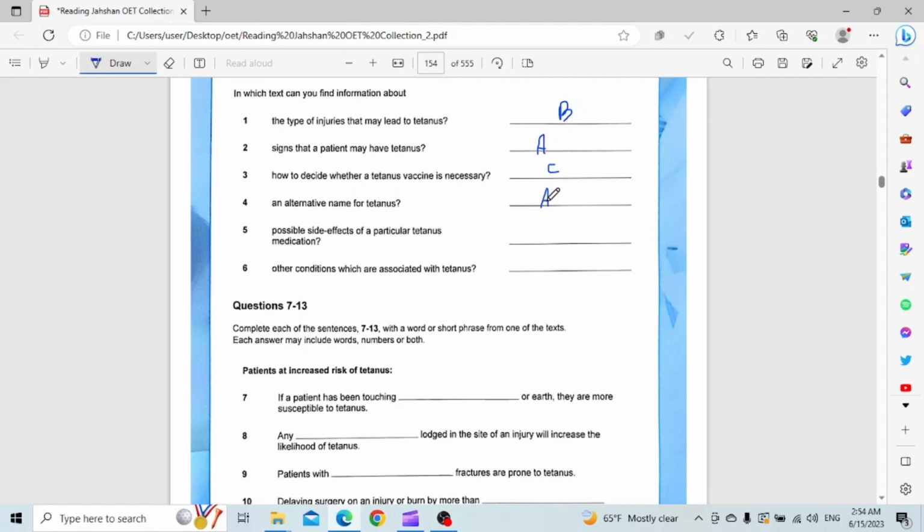I'm very sure that it's in A, even without going back to it. Possible side effect of particular tetanus medication. The only medication that has its side effect is HTIG, so it's in the end one. It's D, right? So the next one, other conditions which are associated with tetanus.